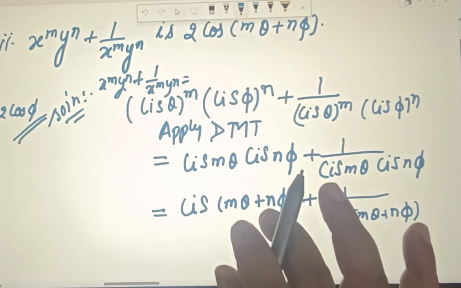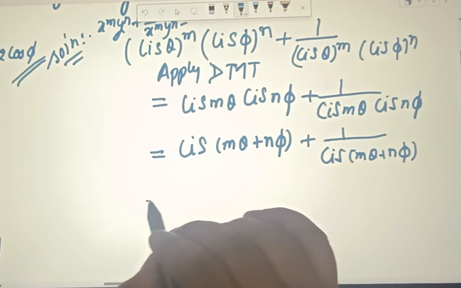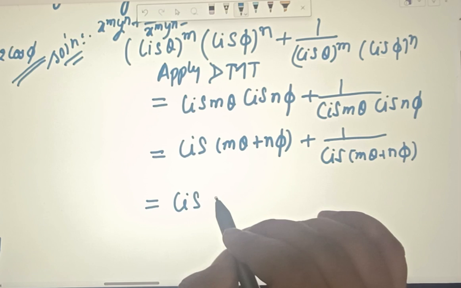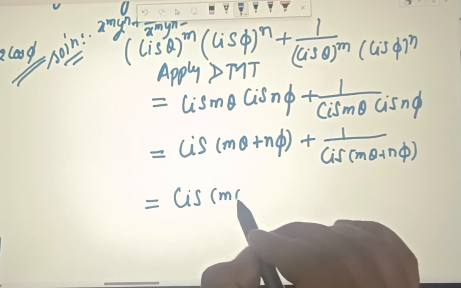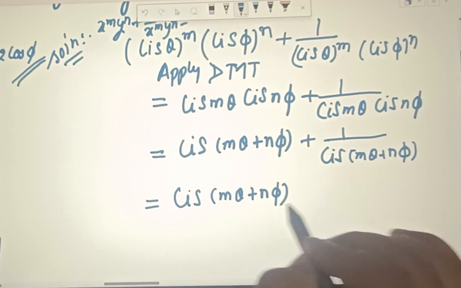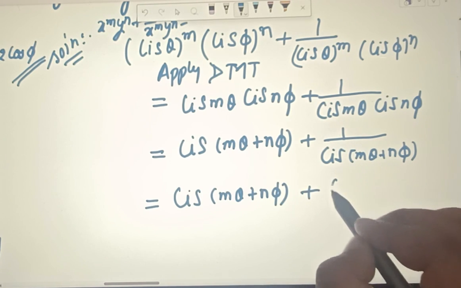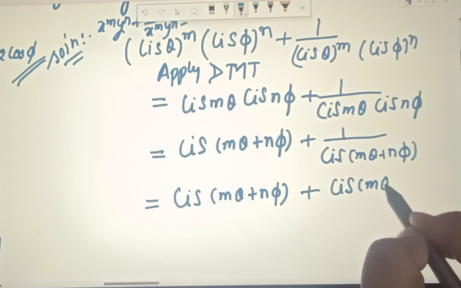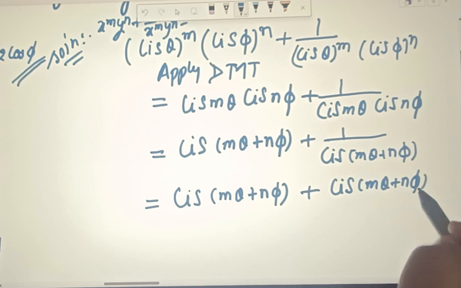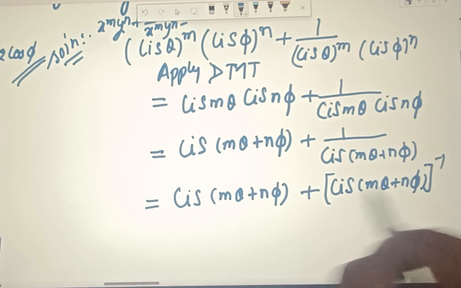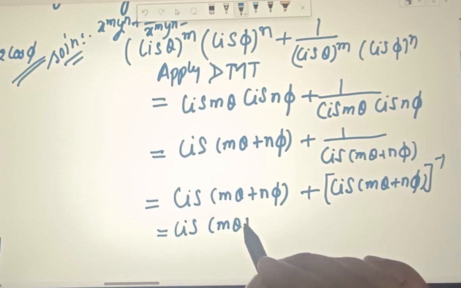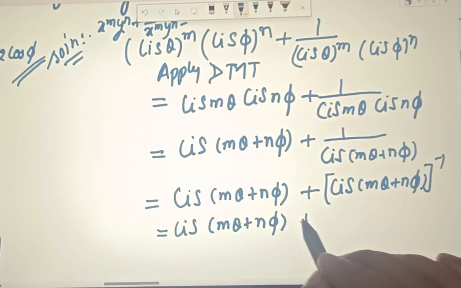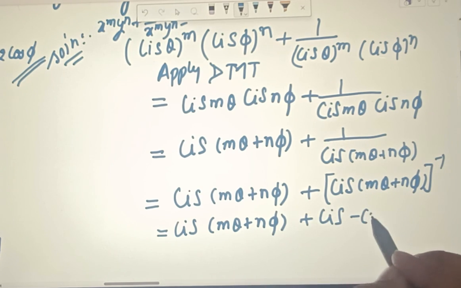Very easy, okay. Now what about the resultant? You can say it is cis(m theta plus n phi), and then plus cis(m theta plus n phi) to the power minus 1, and you can again apply de Moivre's theorem. So you can say it is this and cis(minus(m theta plus n phi)), okay.